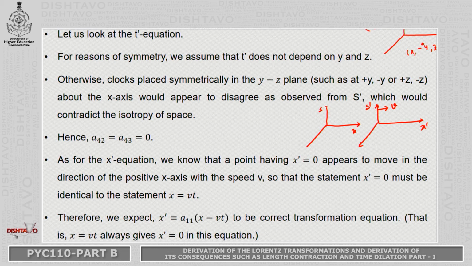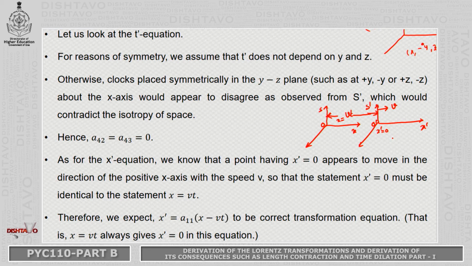So at some time t, when the origins O and O dash, which were coinciding at t equal to 0 and t dash equal to 0, after some time t, S dash has moved a distance equal to vt, and at that time x dash is 0, but x is equal to vt.